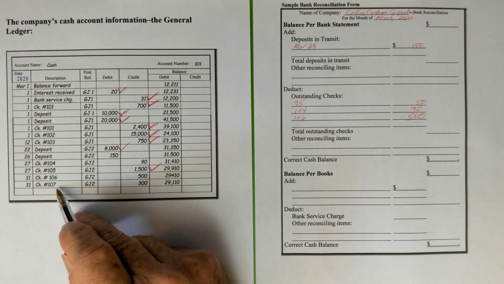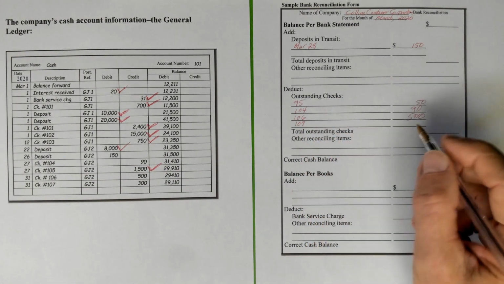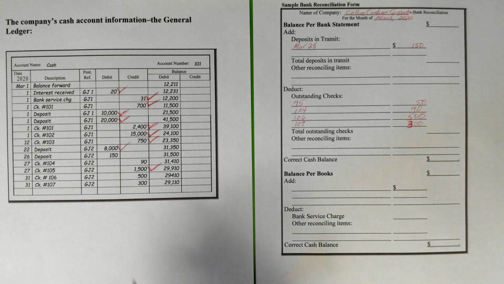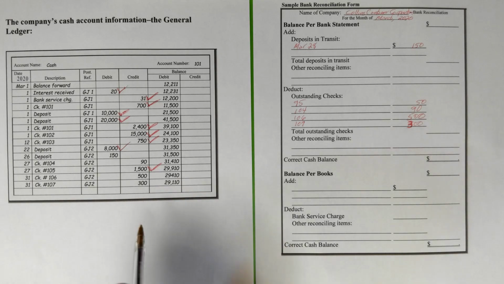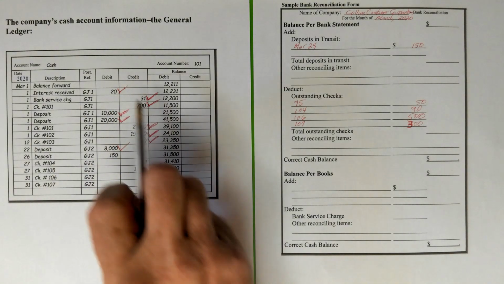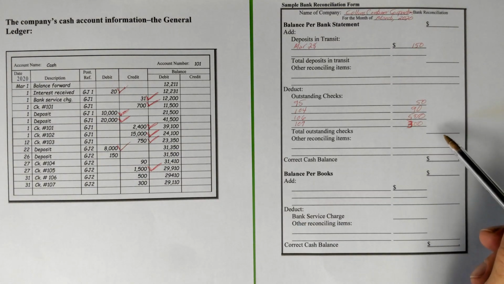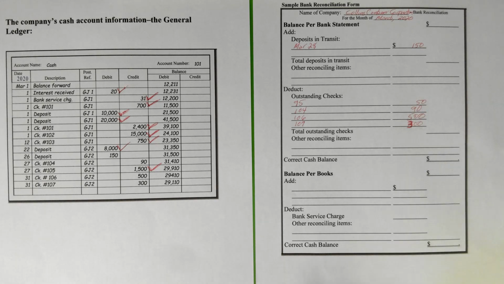We've got check number 107 also outstanding, 107 for $300. And so we got that, and that's it. These are the items that we've recorded on our books, but the bank didn't record them yet. So I went ahead and included them as reconciling items on the bank's side.